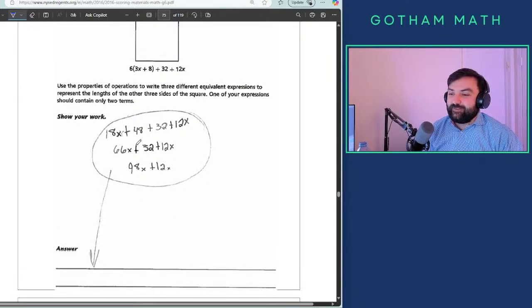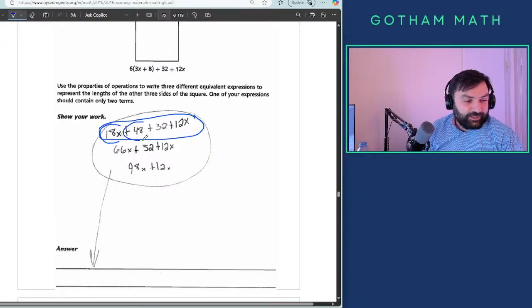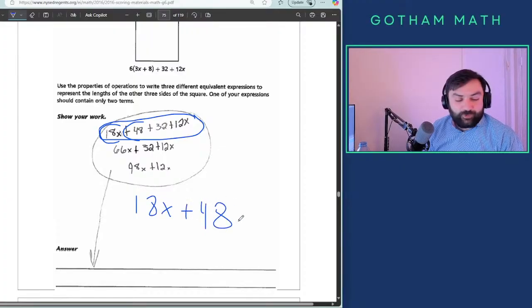Okay. Just wrong calculations. But look at this. Distributive property done properly. Look at this: 18x, 48, 32, 12. That's a well-distributed thing. But how did you get 66x though? Just added 18 and 48. 18x cannot be added with the regular number 48. Those are unlike terms.